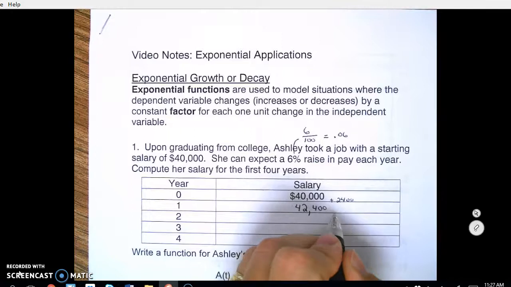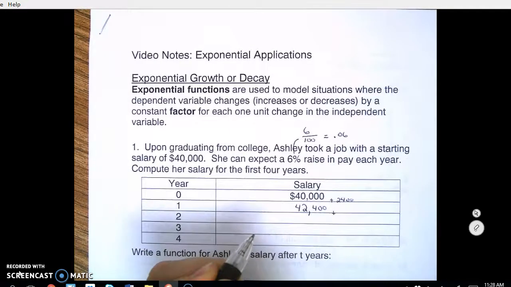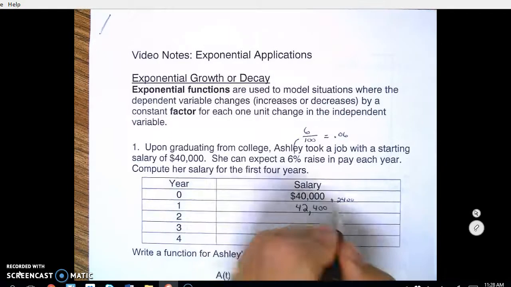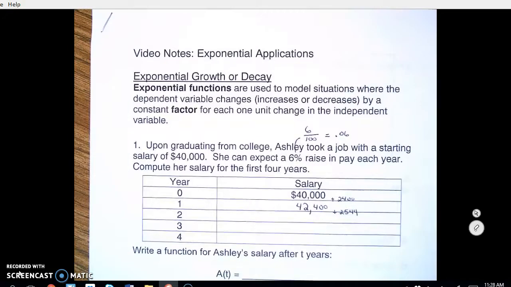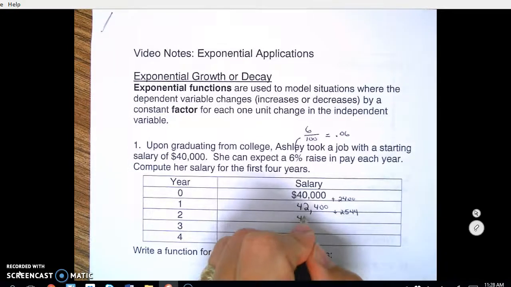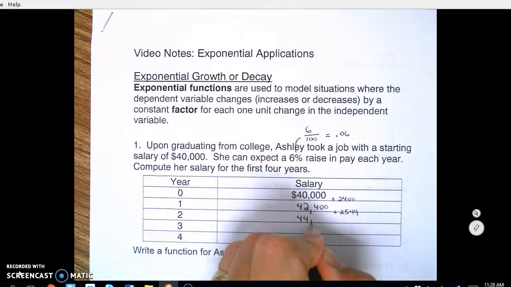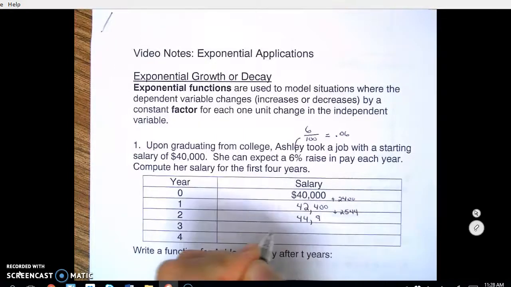So multiplying this by 6%, we get $2,544 salary increase, which now puts her at $44,944.